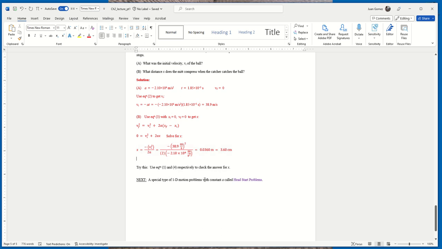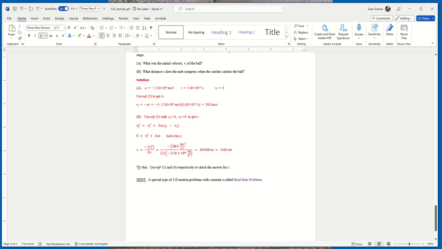So it's not negative vi squared; it's the negative of vi squared, so the minus sign is outside the parentheses. Then 2a, remember a is negative. If you plug in the numbers, you get 0.0360 meters, which is fine, and typically with these small distances, that's 3.60 centimeters.